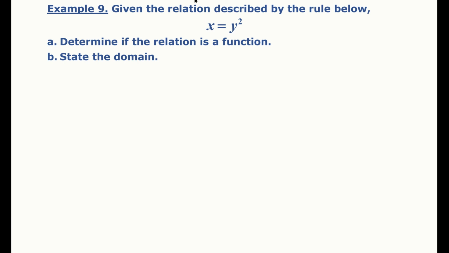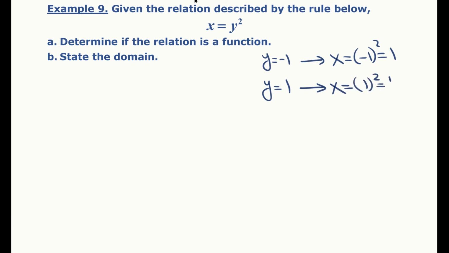So we do notice that if we take, for example, -1 and use it for y, that implies x is going to be the square of -1, which is 1. And what if we were to use 1 for y? Notice x is going to be the square of 1, which is also 1.